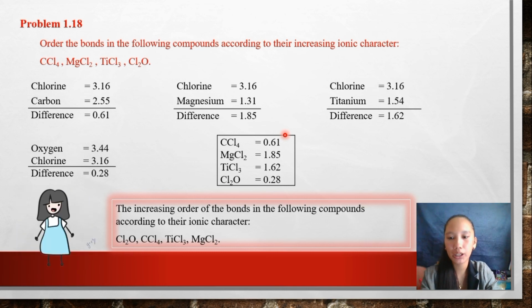Therefore, the increasing order of the bonds in the following compounds according to their ionic character: Cl2O, CCl4, TiCl3, and MgCl2.